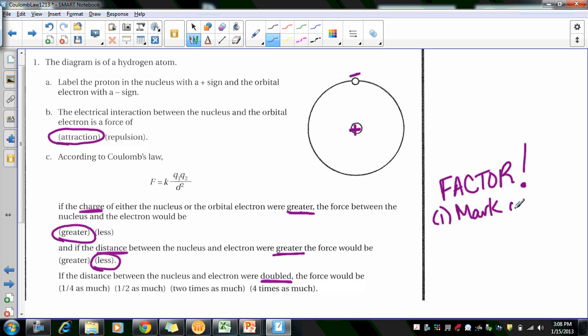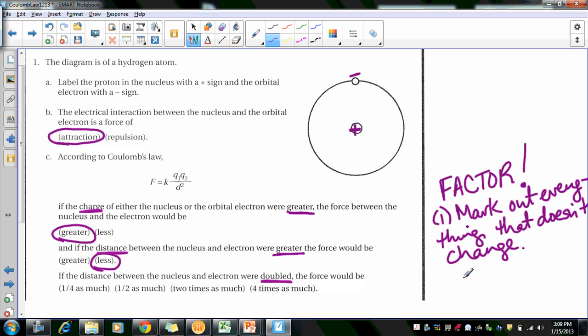Number one, mark out everything that doesn't change. And number two is put in the change.